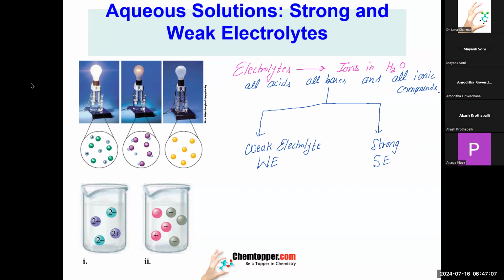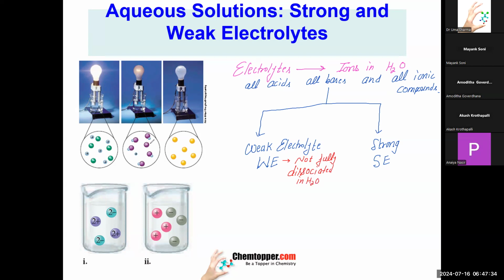Now, what's the meaning of weak and strong? Weak is not fully dissociated in water. It's not going to give you a large amount of ions. So the number of ions which are formed is less.